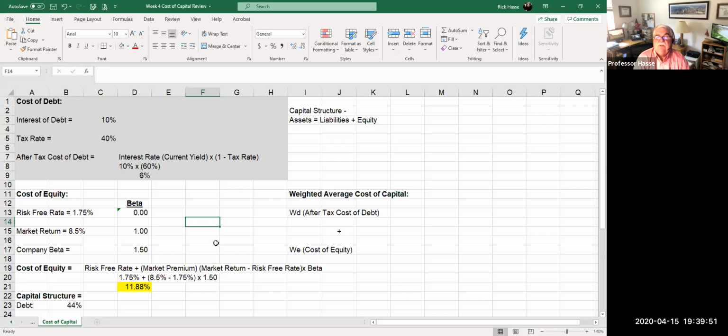So if I wanted to determine the cost of debt for this company, I would have to know their interest on their debt and their tax rate. And I would come up with what is called the after-tax cost of debt.